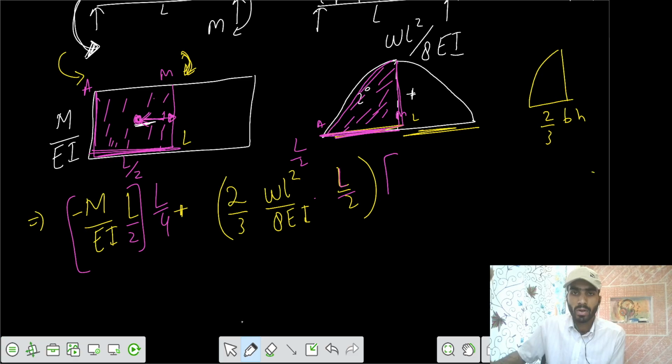Then the centroidal distance from this point, you need to get this value. We know that for this parabolic variation, the centroid is 3b by 8.